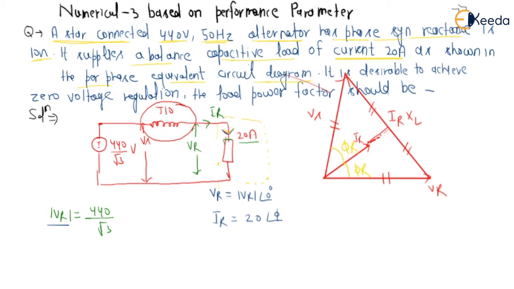And now for this phi r, we can write sine phi r in the upper triangle.